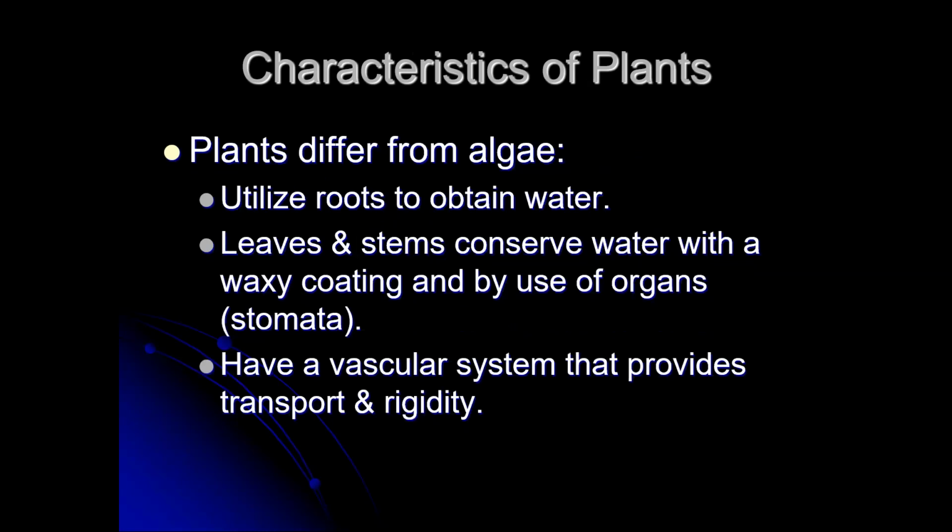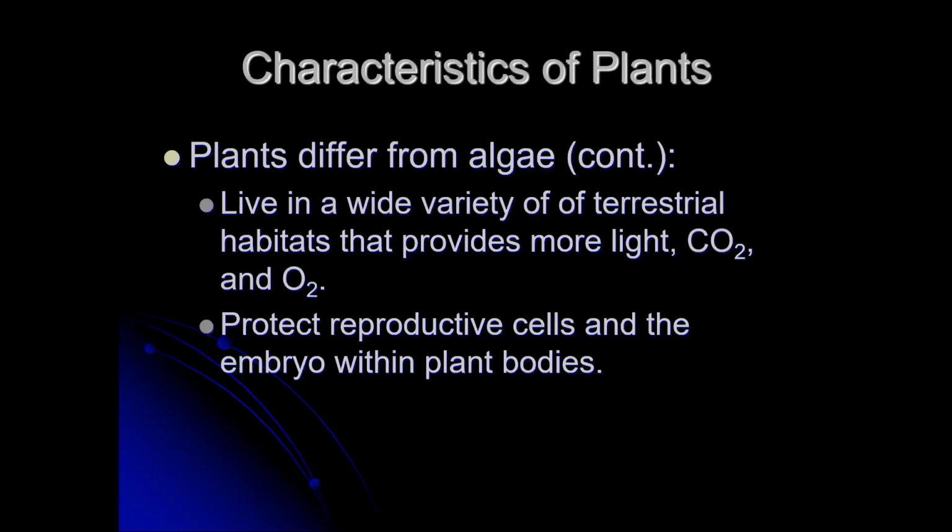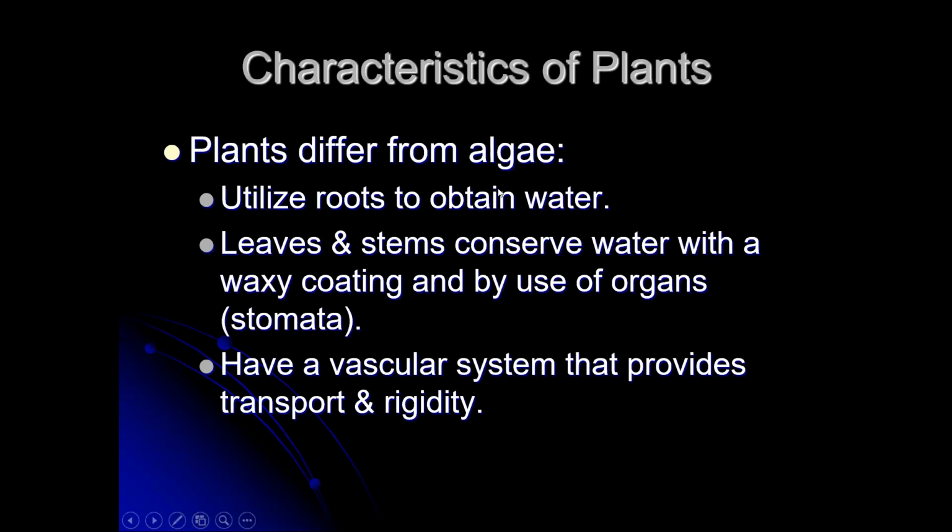How they're different. These, actually it's 5 things because I got 2 more on the other slide. But if you take these 5 things, you read them, you look at them, they're all due to the fact that plants are multicellular. Every one of these things is possible because the plants have more than one cell.